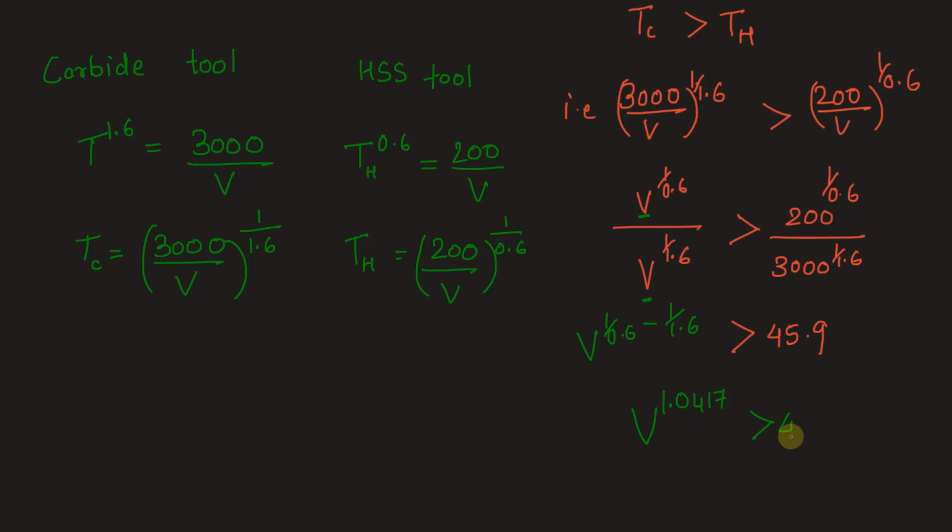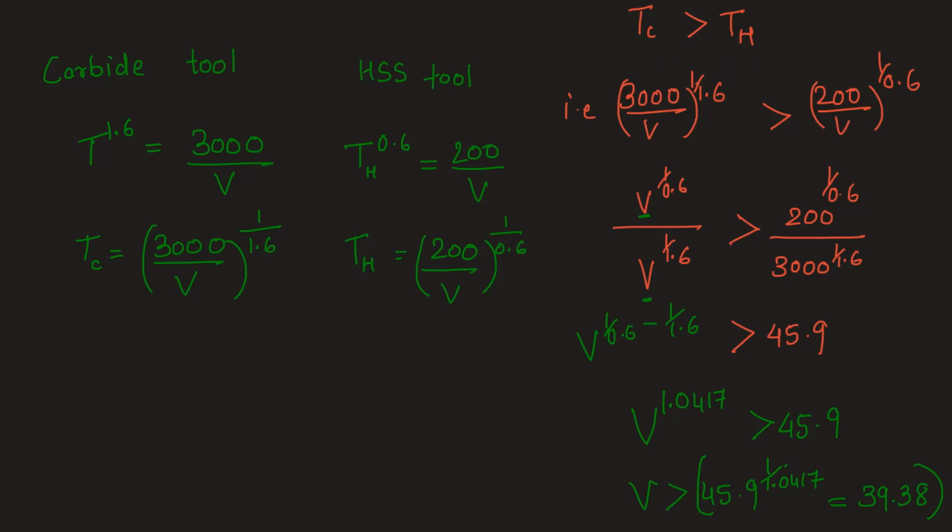This should be greater than 45.9. So V should be greater than 45.9^(1 upon 1.0417), which comes out to be 39.38. So V should be greater than 39.38 for tool life of carbide tool to be greater than tool life of HSS tool.